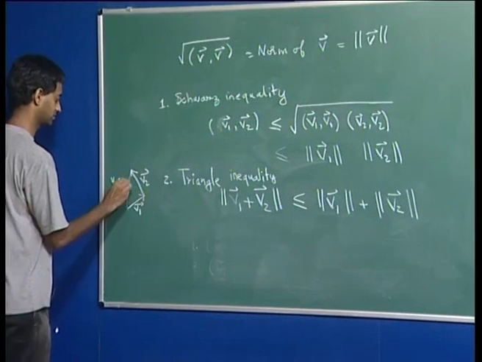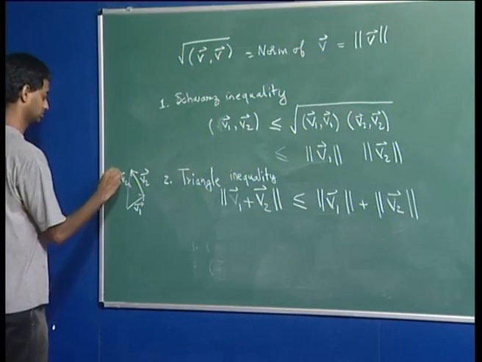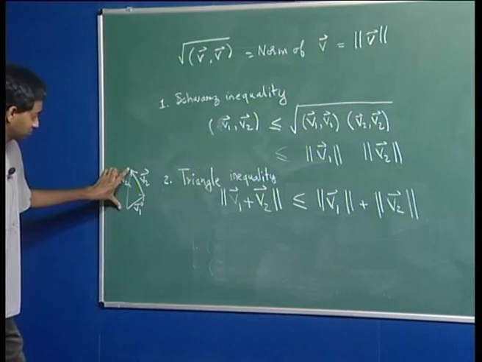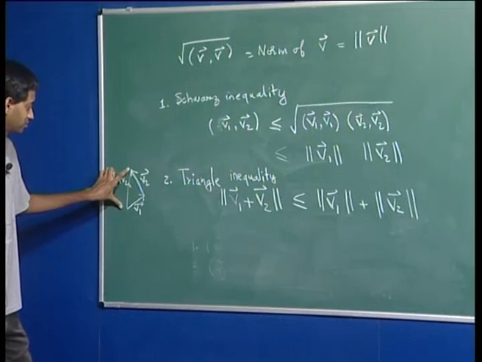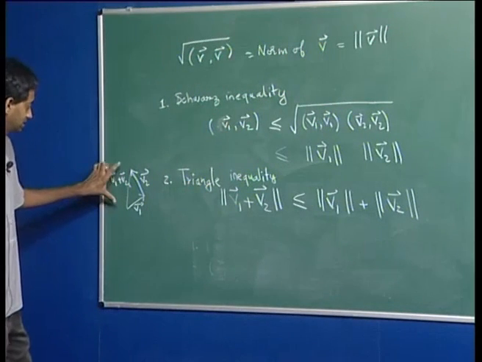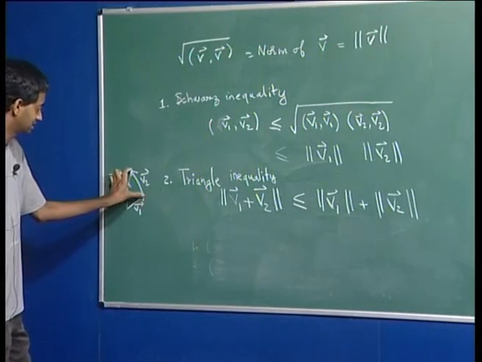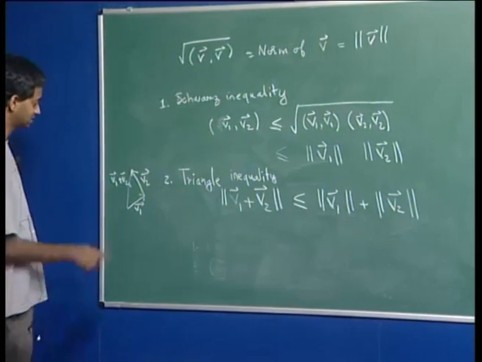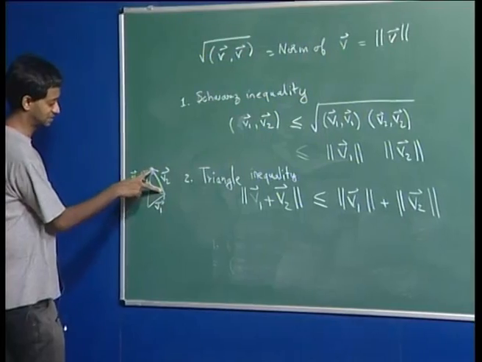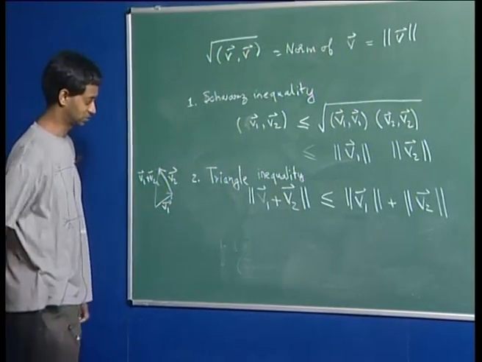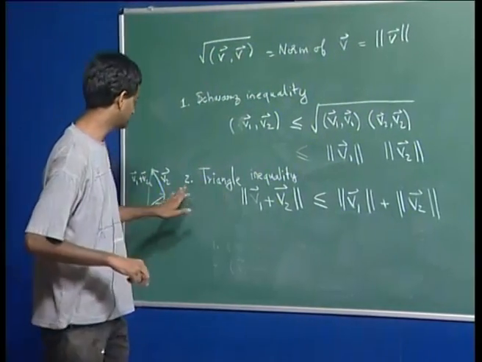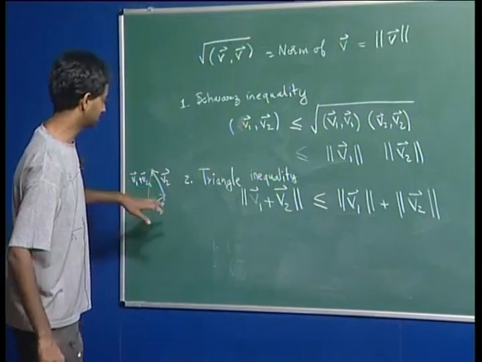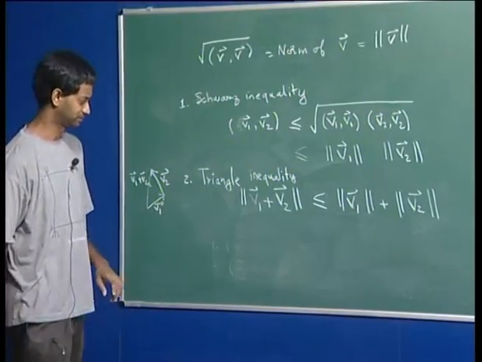So this is called the triangle inequality because the norm of this vector, and the norm is directly related to the length. So the length of this vector is less than the sum of lengths of these two vectors. So in other words, the length of one side of a triangle is always less than the sum of the lengths of the other two sides. So this is a generalization of this to other vector spaces, which gives you something called the triangle inequality.